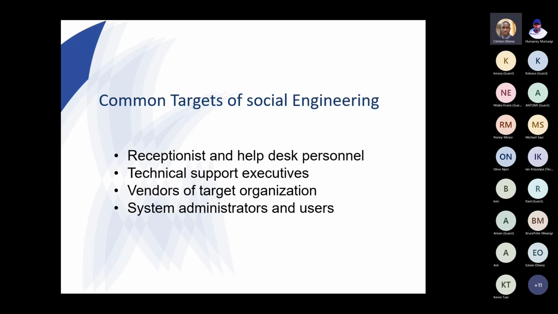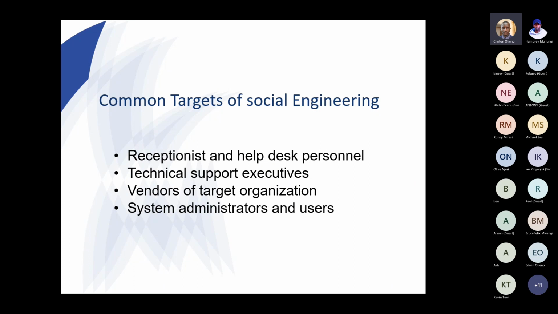Then the common targets of social engineering. One of the best ways to gather information from an organization is the receptionist. You can go to a reception and ask for more information about the company. There's one document that most receptionists ignore. I can approach a company and ask about the minutes of their previous meetings.